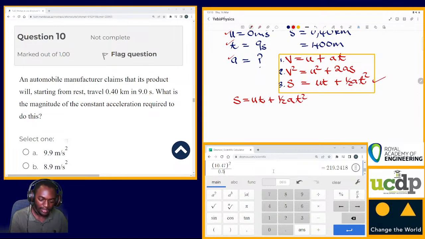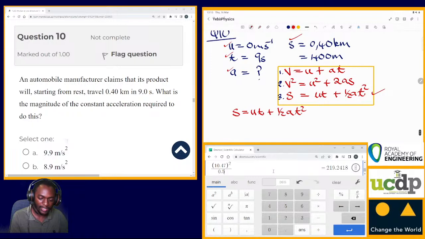And what is our s? We've realized that our s is 400 meters. So let's substitute. This is 400 equals the initial speed, which is 0, times our time, 9, plus half times our acceleration, that is what we are looking for, times t squared, that is 9 squared.